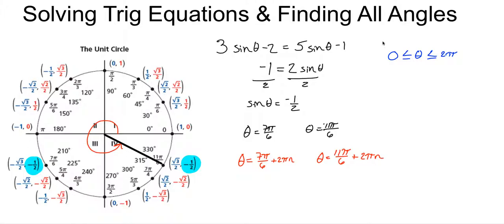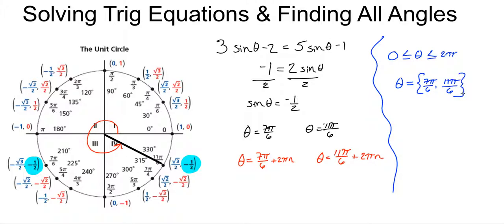So if I want to solve the same equation but keep my solutions between 0 and 2 pi, I don't have to worry about these extra rotations, because if I'm at 7 pi over 6 and I make a full rotation, I've gone more than 2 pi radians. So this would just be theta is equal to 7 pi over 6 or 11 pi over 6.